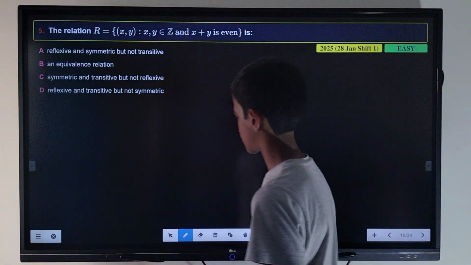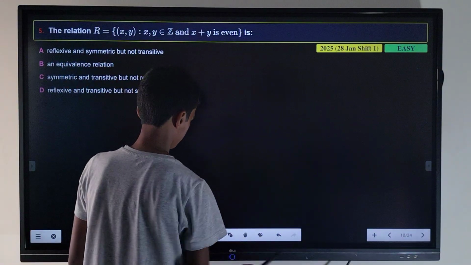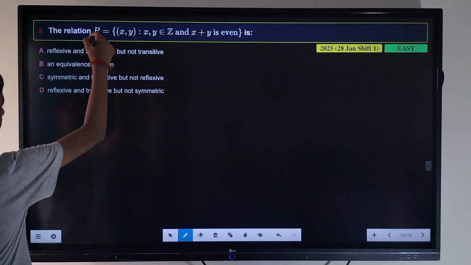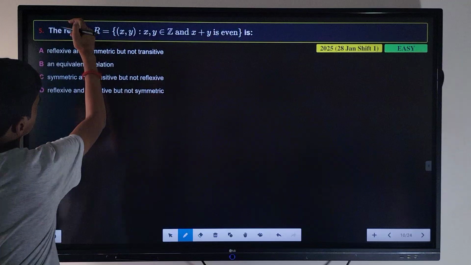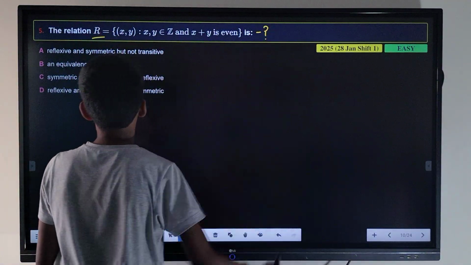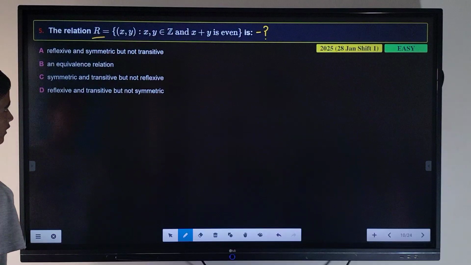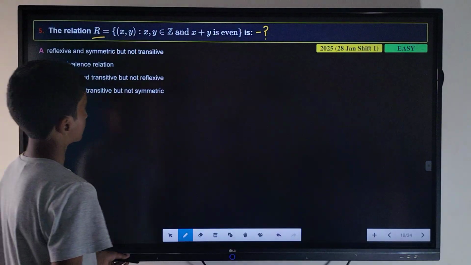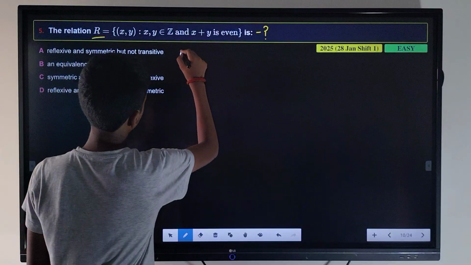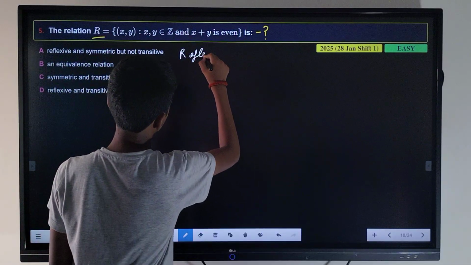Here is the next question now. Our question says the relation R is equal to this. The relation is reflexive, symmetric or transitive. So first of all, again we are going to check reflexive.